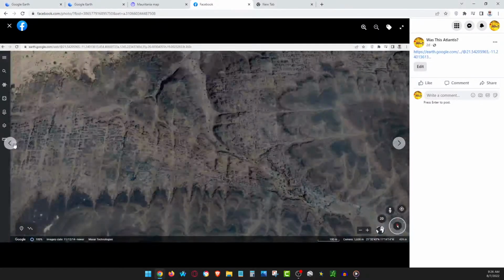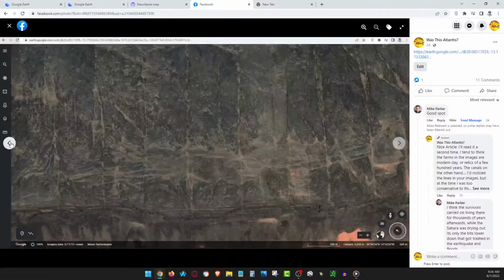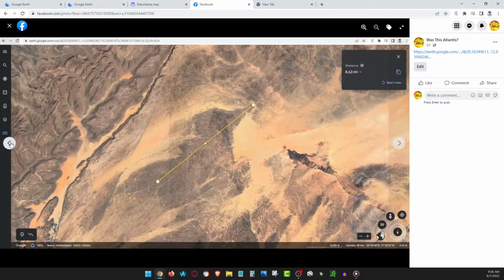Okay, this is in the Adrar Plateau, which is really the Richat Structure. Nathan, because I don't know if you saw this, I walked here. I went to this spot right there, and right over here, there's some crazy lines going through. This is the highest point in the Adrar.